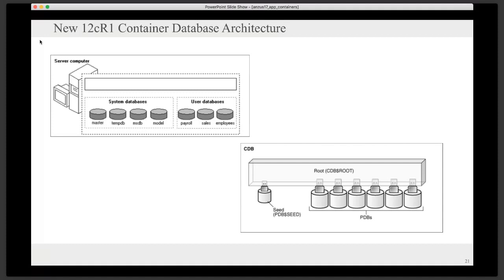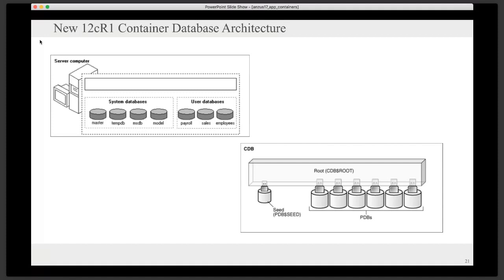They built in identity columns so that they could, in an Oracle database, have both identity columns like SQL Server and also use sequences, which is the traditional way of numbering pseudo-columns and surrogate keys in an Oracle database. So the master database in SQL Server corresponds essentially to PDB root.